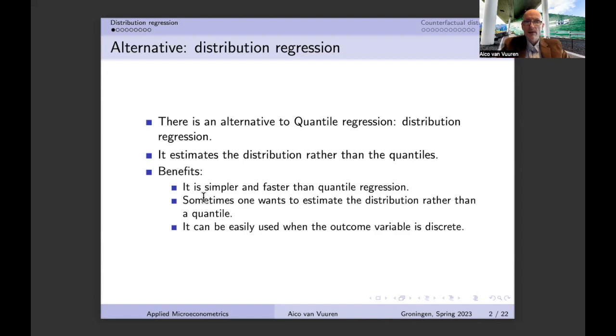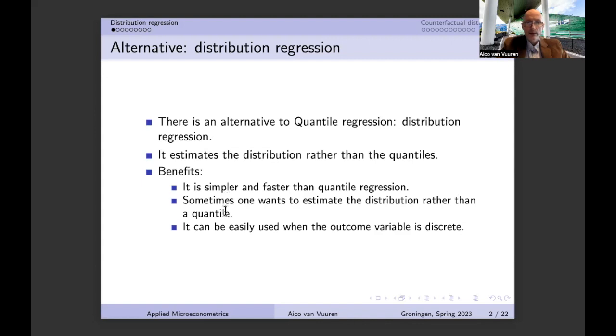And also there it is possible to have relatively many regressors. Maybe not in the thousands, but it is still possible to have many different regressors and not have to wait a very long period of time.